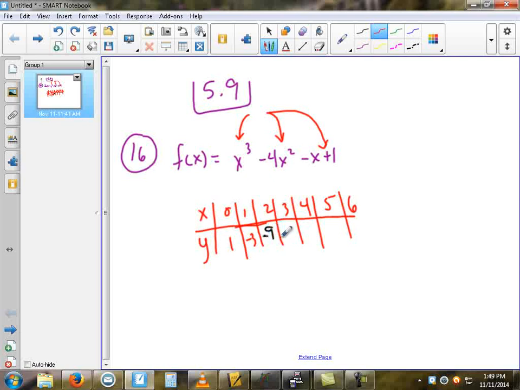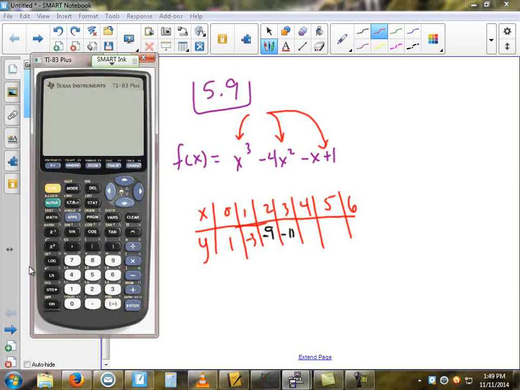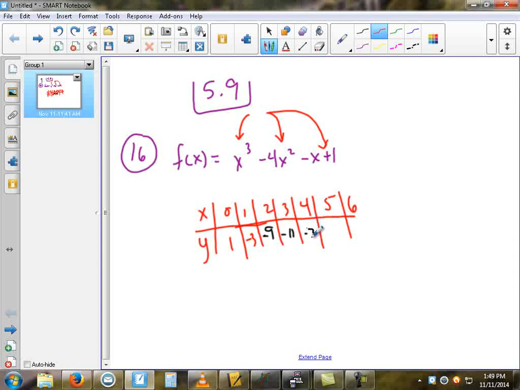Okay, I think it was negative 11. And then after that, let's see what else was there. Then it was negative 3, 21, and 67.